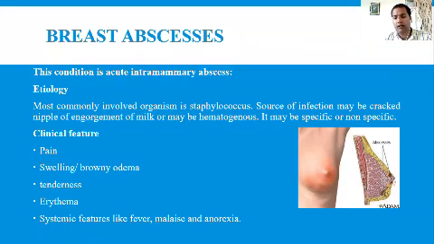The most commonly involved organism is staphylococcus. It may travel through the nipple, the cracked nipple, especially in the 6th month. Some women get breast abscess at the 6th month after parturition, because when the child starts teething, due to the irritation of the erupting tooth, the child bites on the nipple of the mother.